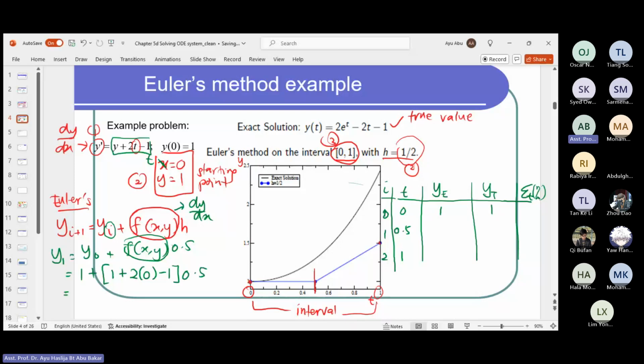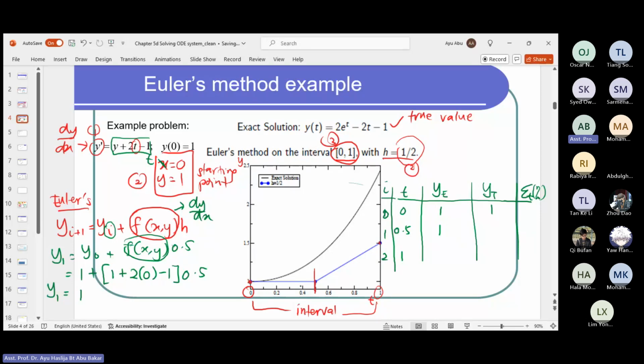What do you get? Cannot hear you. 1, yes, correct. So y1 equals 1. So here we put 1.